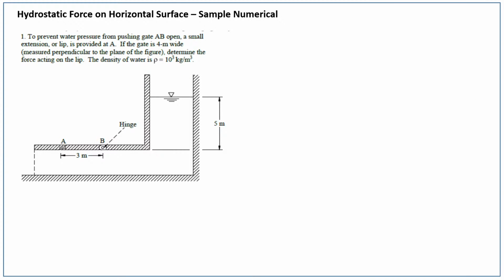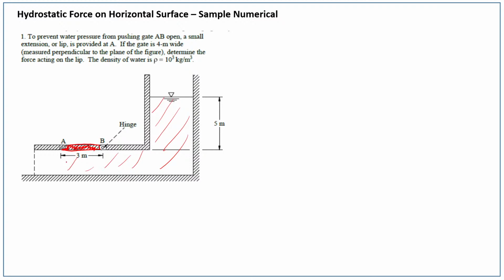Let's try to solve some new sample numericals. So there is one gate in this numerical. You can see there is one gate AB. Okay, so this is your gate. And this is one pipe, you can see, and the fluid is located here.